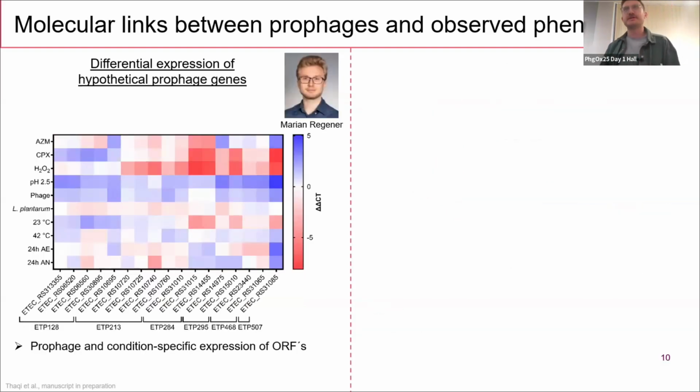Now, after phenotypic characterization, we also just quickly started looking into potential molecular links between those observed phenotypes and the mechanisms behind them. For example, we did some RT-qPCR with small hypothetical prophage genes in different stress or host-like conditions, and found both prophage and condition-specific expression of those yet hypothetical prophage genes, indicating that they might be involved in adaptive response.